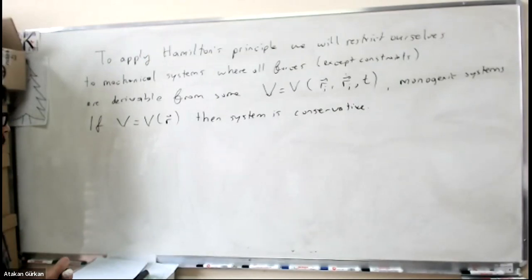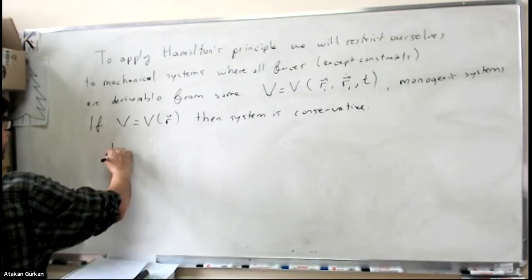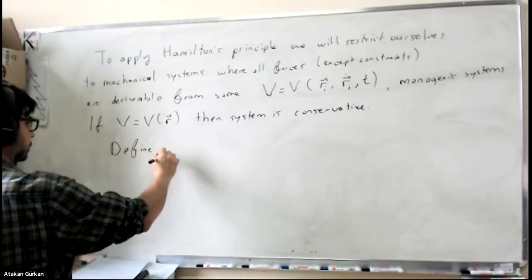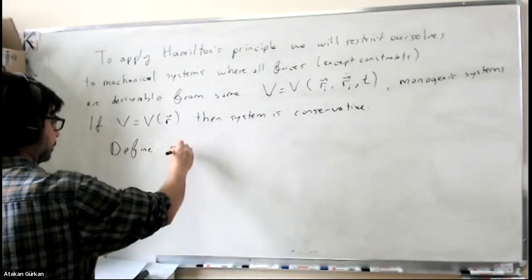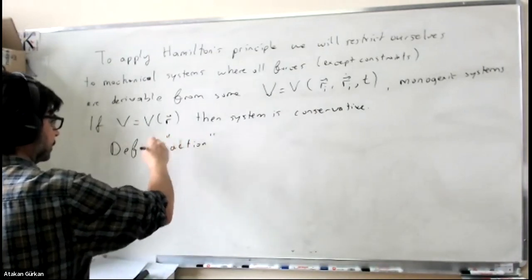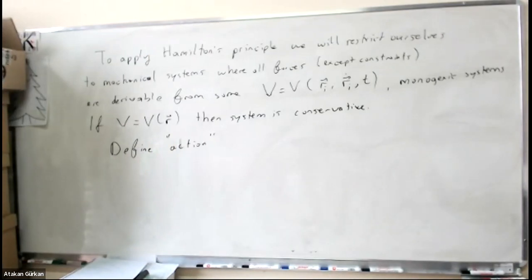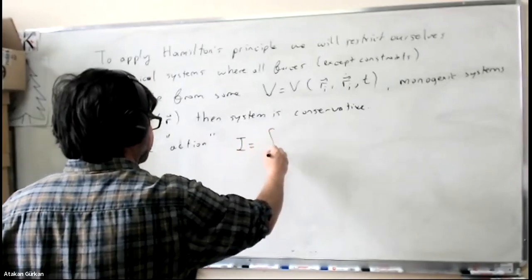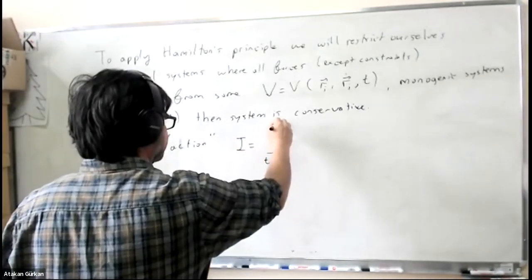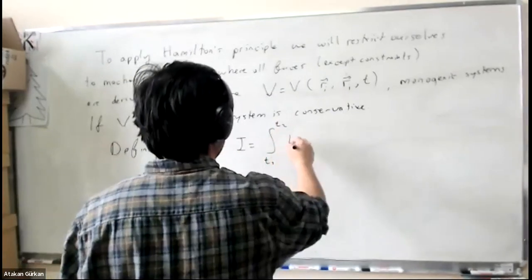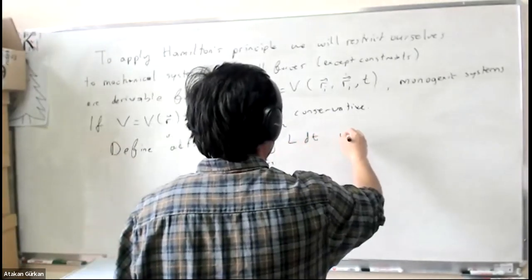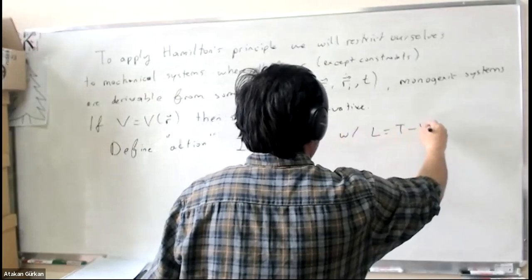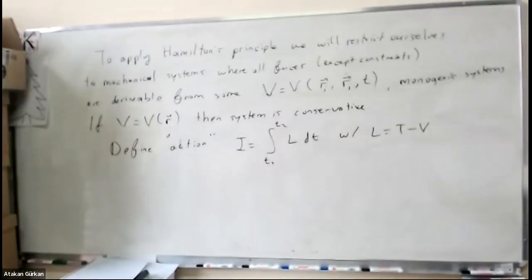Okay. Now, Hamilton's principle. So we first define action. This humble verb is very, very important. So this is an integral I of L dt, L being the difference of the kinetic energy and the potential energy.